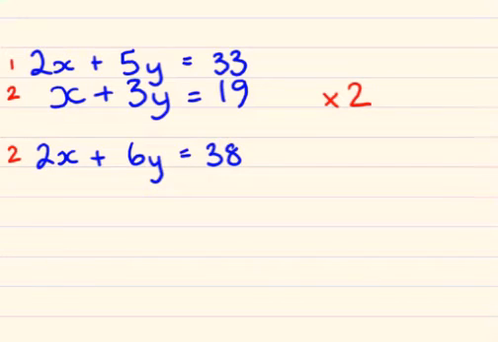Yeah, hopefully you are. Then what I'm going to do is I'm now going to do this thing called elimination. So you're going to notice I've actually got the coefficients in front of x the same for equation 1 and equation 2. Do you notice that? Now, I might actually even just rewrite equation 1 here, just to start off with.